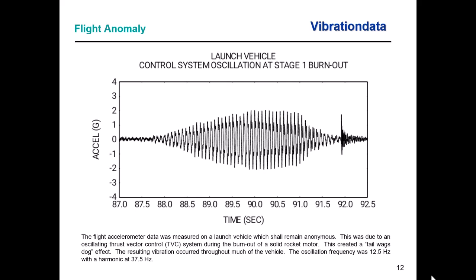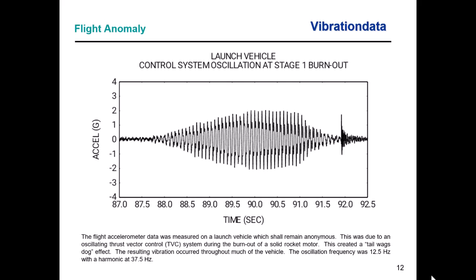That means it's a movable nozzle to provide steering for the vehicle, and it's controlled by a thrust vector control system. So there's certain gain factors and control loops and algorithms and all of that. And the algorithm was assuming that during tail-off, the thrust was still at full level. So the control system would issue a command to the TVC to say, okay, let's do a yaw of, say, 1 degree.